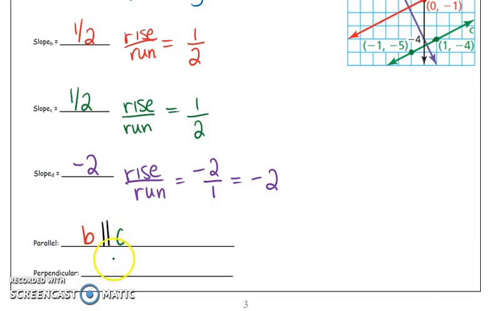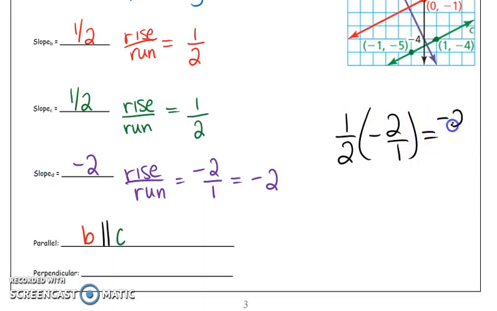And remember the parallel symbol is those 2 lines. Now perpendicular, remember that when you multiply the 2 slopes, you should get negative 1. And what actually happens when you multiply 1/2 with negative 2 over 1? When you multiply that across, you get negative 2 over 2, which reduces to negative 1.